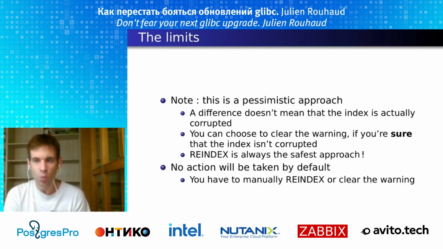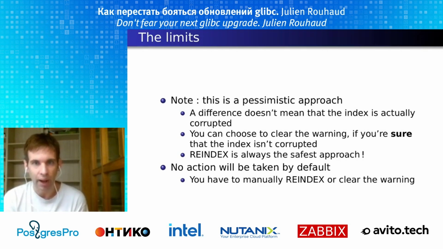One of the decisions you can make when you see such a message, or proactively using the query I showed you earlier, is to simply reindex all the impacted indexes, and this way you'll be sure that you won't have any corruption. It can obviously be a bit costly and consume some resources. So you also have the opportunity to explicitly clear this warning and tell Postgres that you know that the update didn't break your collation, and you can assure that your index is not corrupted.